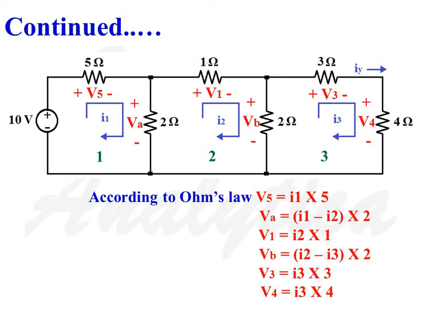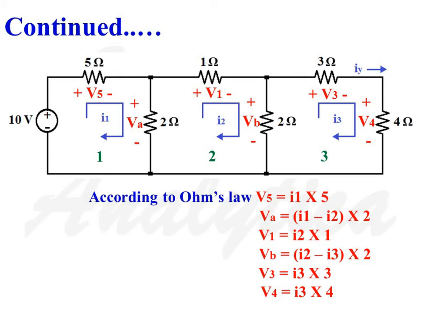According to Ohm's law, voltage drop across 5 ohms resistance V5 is equal to I1 into 5. VA is equal to (I1 minus I2) into 2. V1 is equal to I2 into 1. VB is equal to (I2 minus I3) into 2.